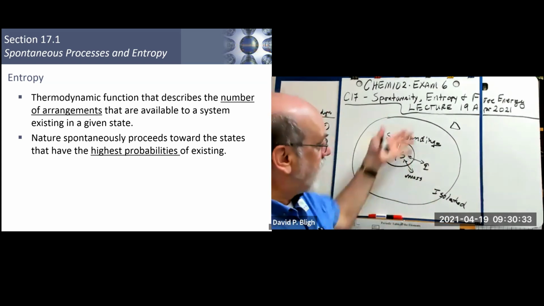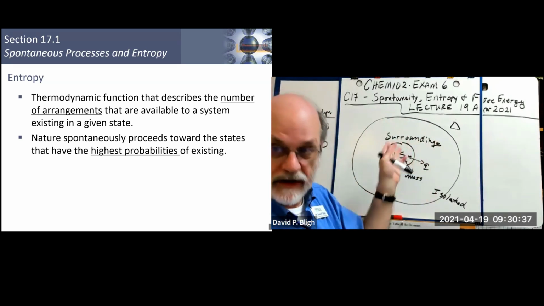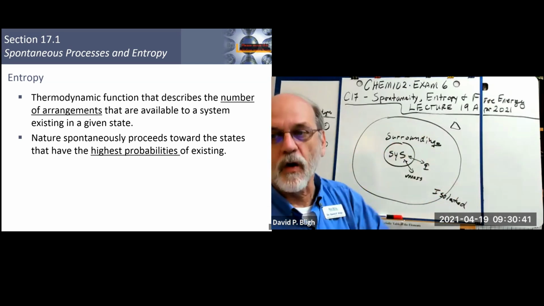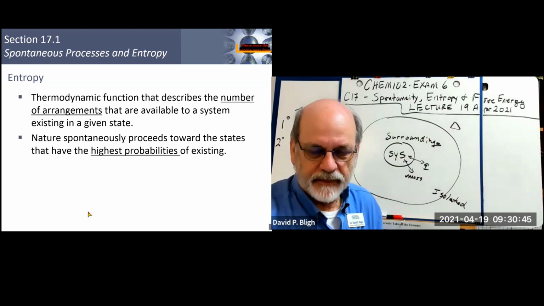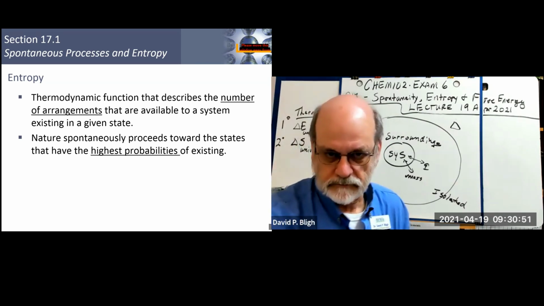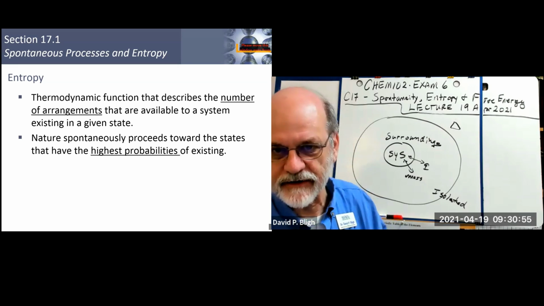Now, of course, if we isolate like this, you can get entropy going in negative directions as well. But for the whole universe, entropy always increases. That's the second law. We'll get to the third law later. It's not as important. Not to us anyway. It's important to people that spend their lives studying this stuff.